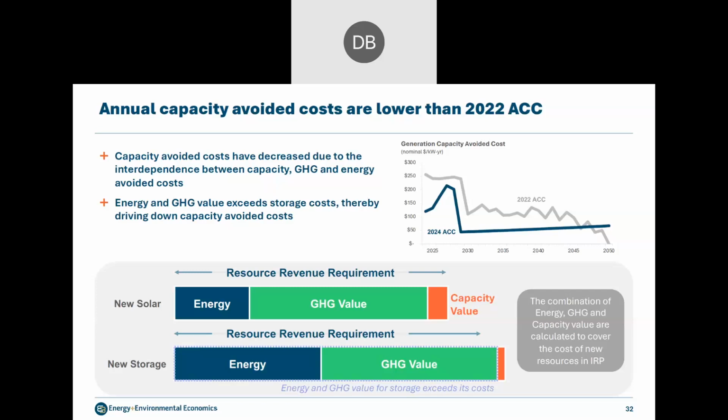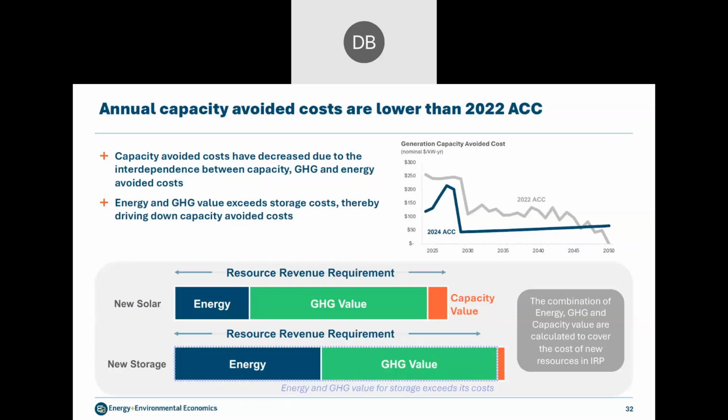And the second is that the GHG avoided costs needed to cover solar missing money, we saw that are more than enough to cover storage revenue requirement. And because of this, storage doesn't need capacity value, and therefore the capacity avoided costs are at floor in most of the years.